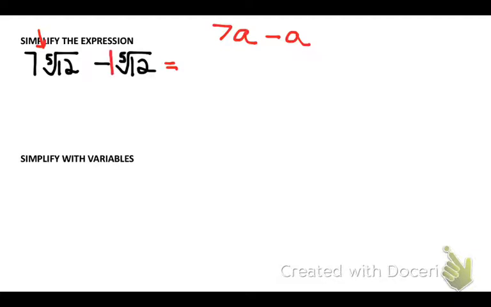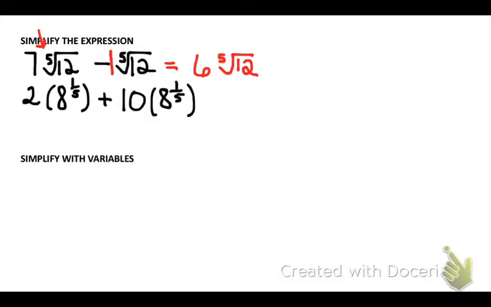So that would simplify to 6 and then 5 radical and then the 12. Our next example with fractional exponents, it's the same thing as working with a radical expression. So we're just going to add the 2 and the 10. So 12 and then in parentheses 8 to the 1/5.